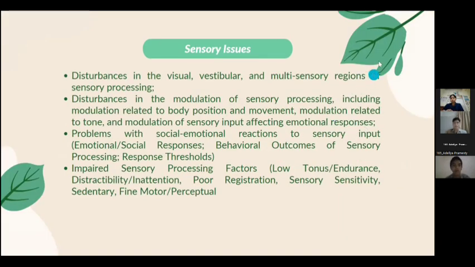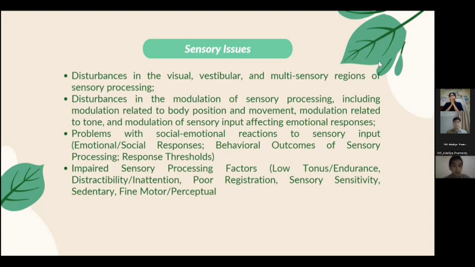In sensory issues, for example, there is disturbance in the visual, vestibular, and multisensory regions of sensory processing, and disturbances in the modulation of sensory processing, including modulation related to body position and movement, modulation related to tone, and modulation of sensory input affecting emotional responses.